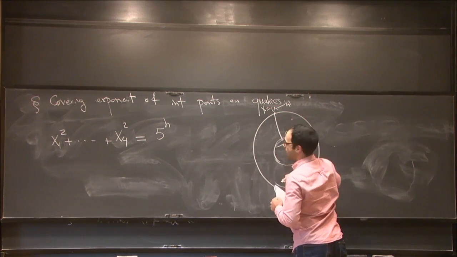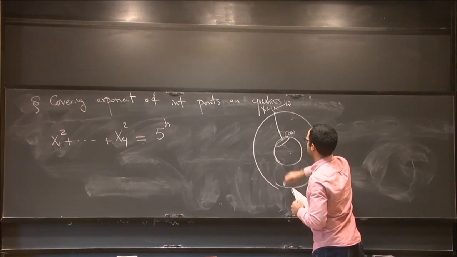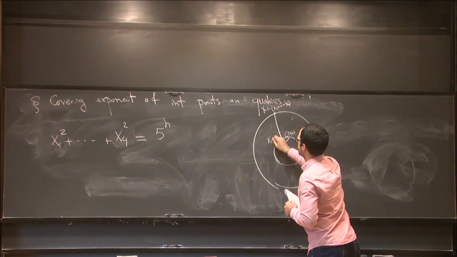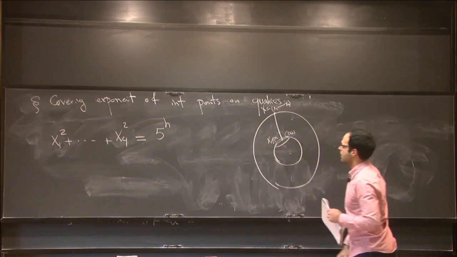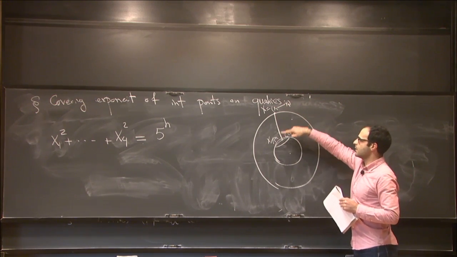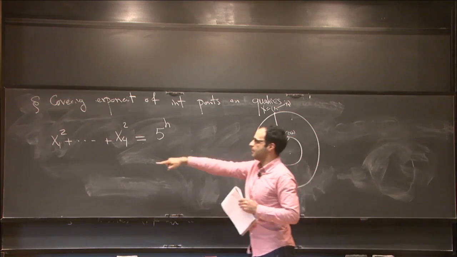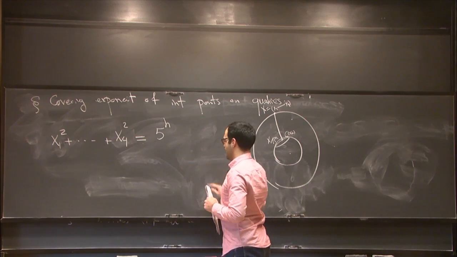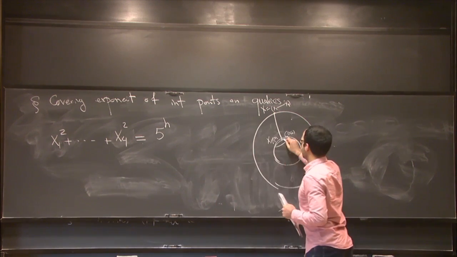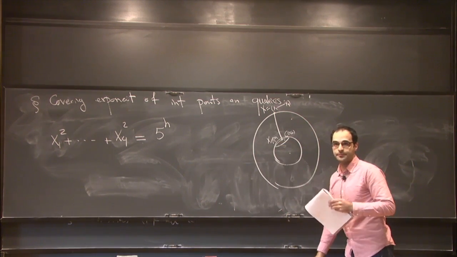If I denote it by x, I project it down on the unit sphere, so x over the square root of 5 to the h. If I can find such an integral point, then I can find a word of length h inside this cap.